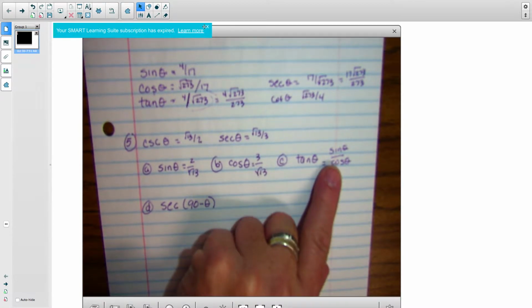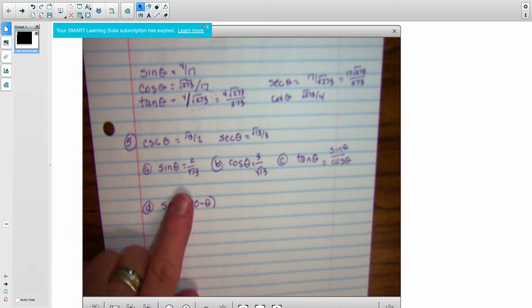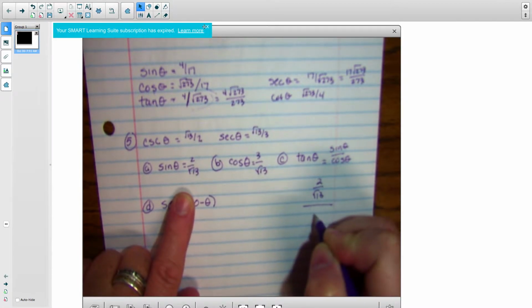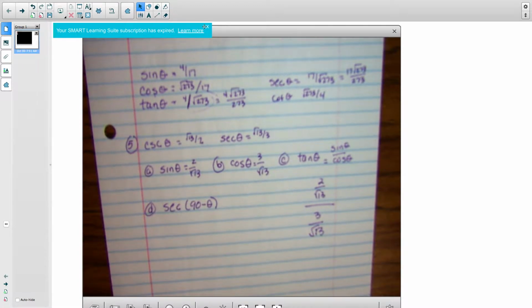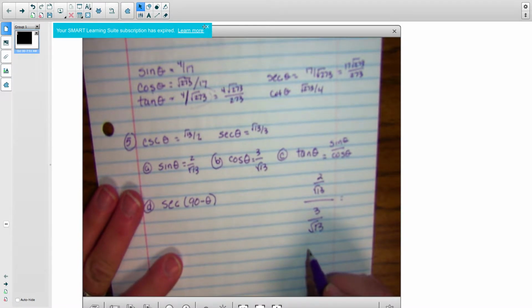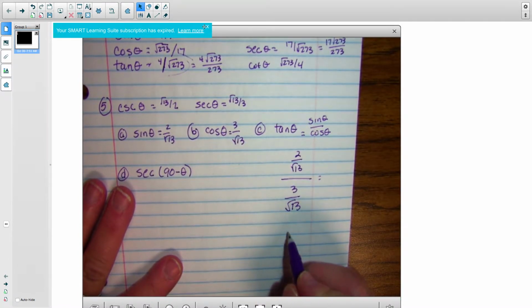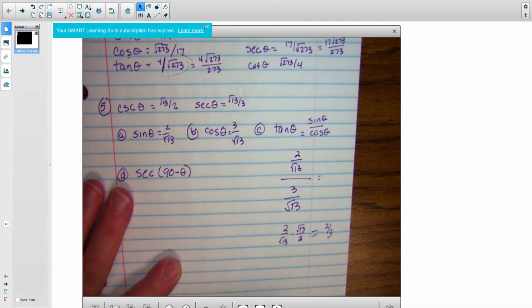We're going to use tangent is sine over cosine. So tangent is 2 square root 13 divided by 3 square root 13. Multiply by the reciprocal. Square root 13's cancel, and you get 2/3.